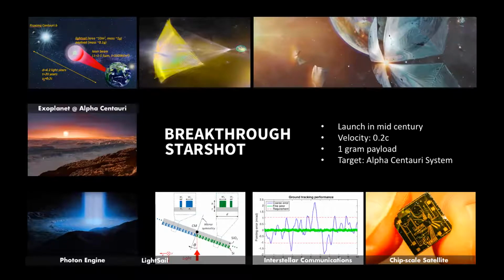One context for this is a proposed project, originally announced by Stephen Hawking, who was head of the panel before he passed away, called Breakthrough Starshot, which is a proposal to launch the first human-built interstellar probes, the first probes to reach other star systems.